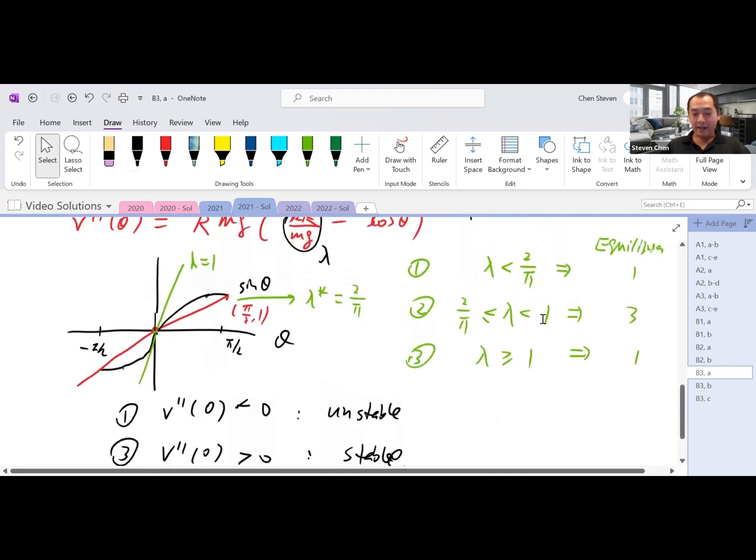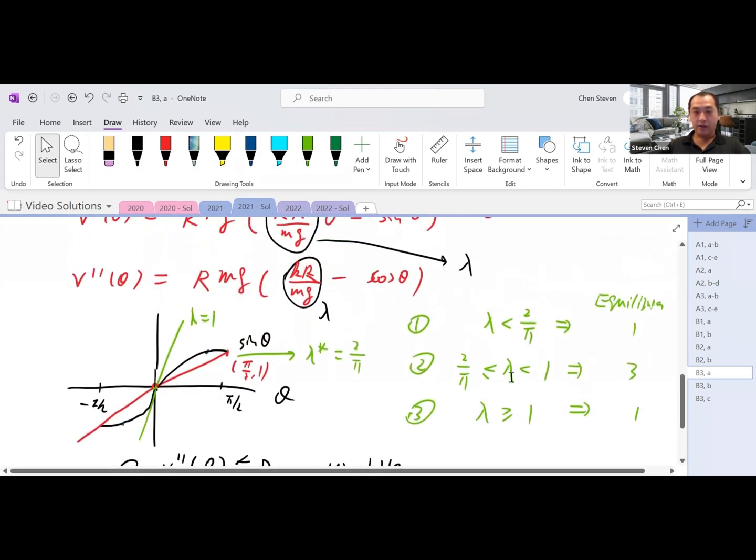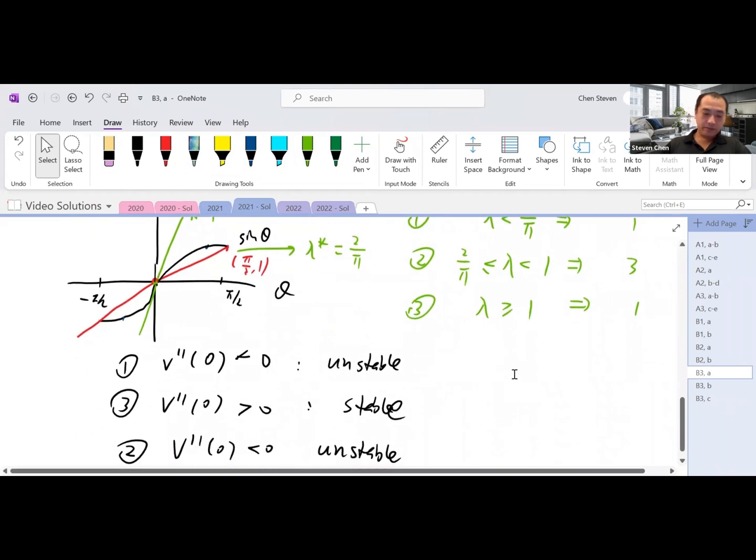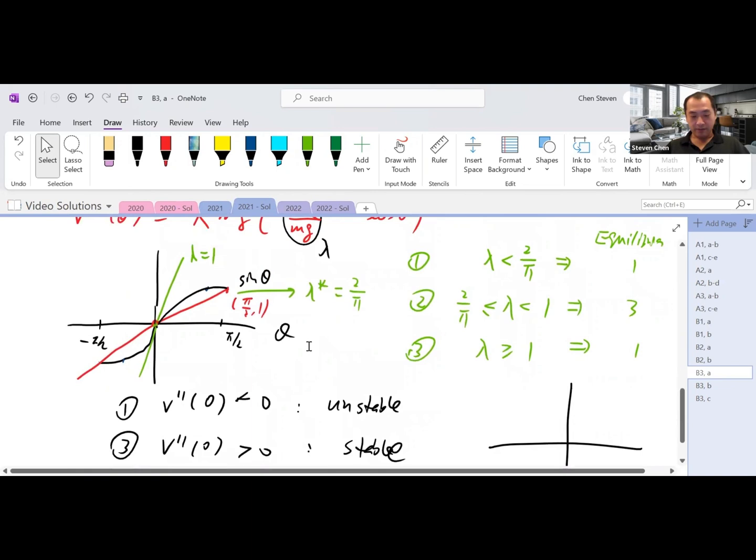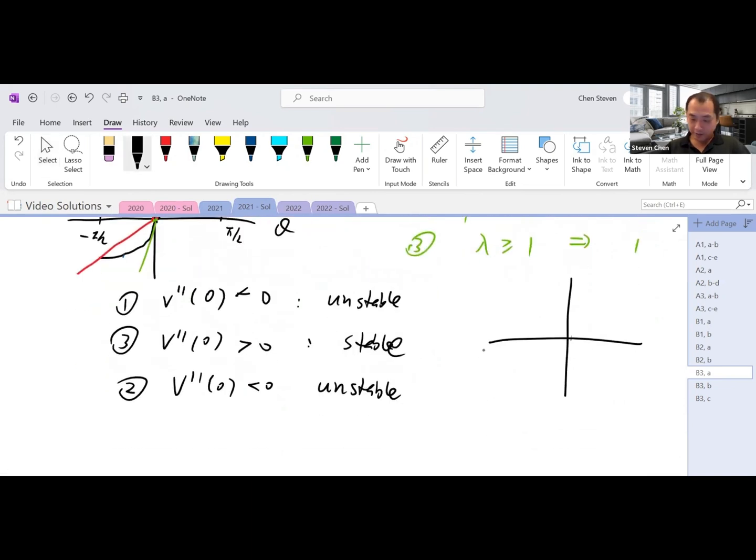And then let's analyze the other 2 non-trivial solutions. So let me again draw the above diagram here. Right? So here we have some non-trivial solutions. One is here, the other is here. Okay.